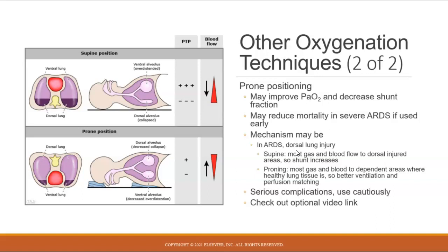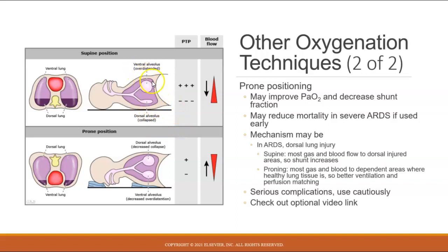Going back to some of that CP Phys stuff, if you think about your ARDS patients, your dorsal alveoli, the ones located towards your back in the supine position, most of the blood flow goes to those dorsal injured areas, and then that shunt is going to increase.